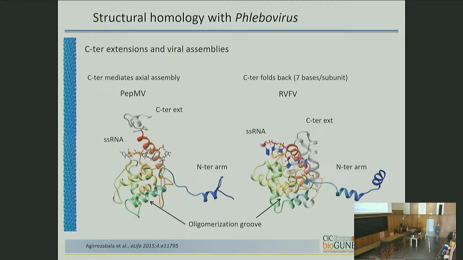Instead of having 5, we have 7. Here, the C-terminal domain contributes to the axial oligomerization to build up the helix. At the same time, those oligomerize also by the N-terminal region, and they use the same acceptor region, the groove here. So everything is relative. The relative position is exactly the same.